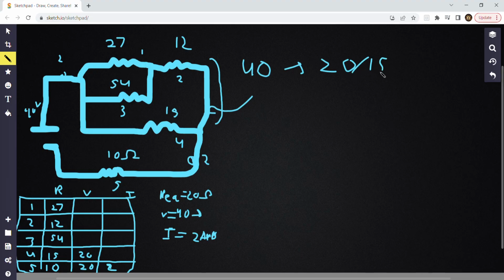which equals about 1.33 repeating. So this has 1.33, that's how much current is going in, or we can just say about 1.3.